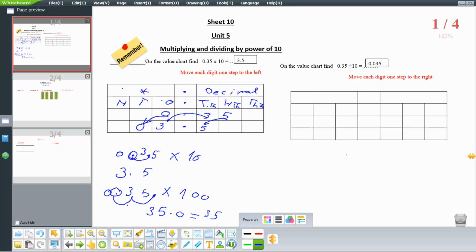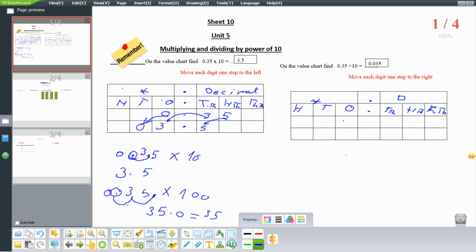Okay, let's see the next example in division. If I want to divide 0.35 divided by 10, as usual, we are going to write the places. This is the star, and this is the decimal point. Here we have ones, tens, and hundreds. Here we have the decimal point and tenths, hundredths, and thousandths.